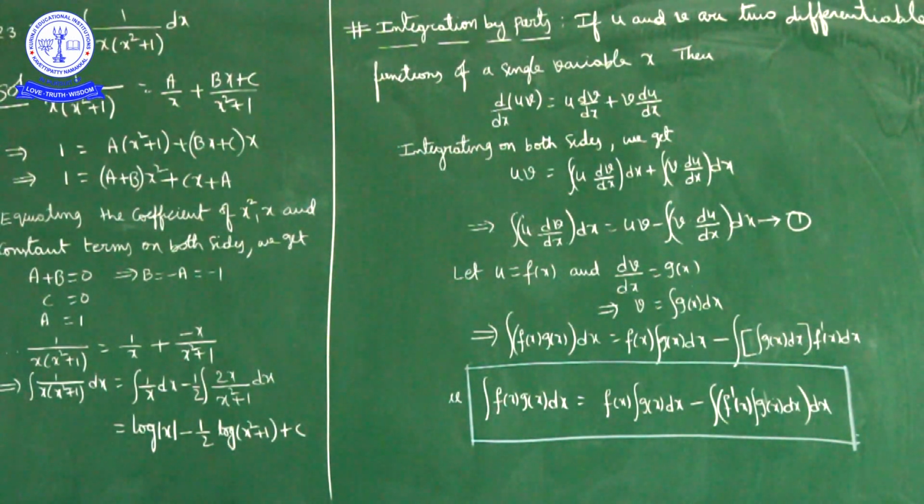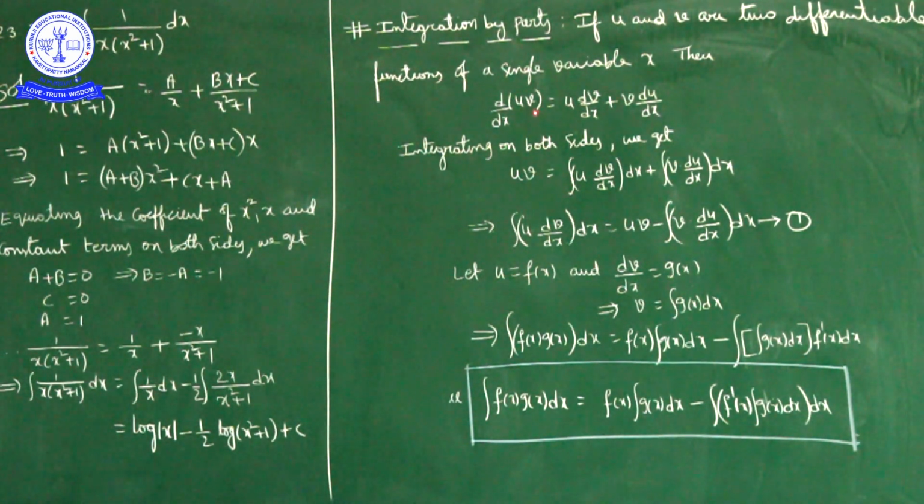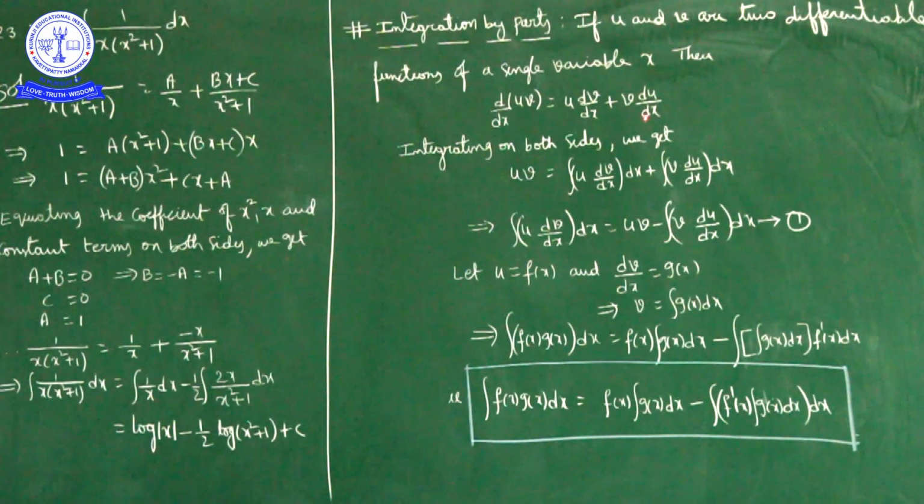What we are doing: first of all, the derivative of a product of two functions, d by dx of uv, is equal to u into dv by dx plus v into du by dx. The derivative of a product of two functions is equal to the first function into the derivative of the second function plus the second function into the derivative of the first function.